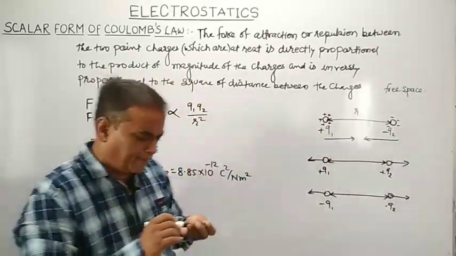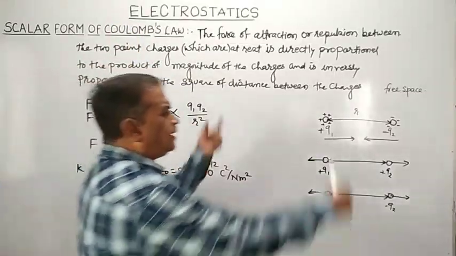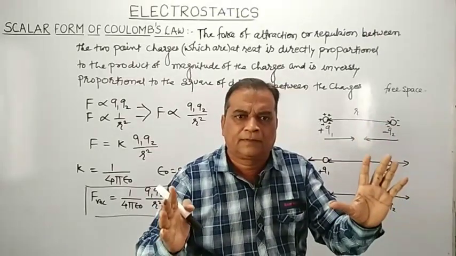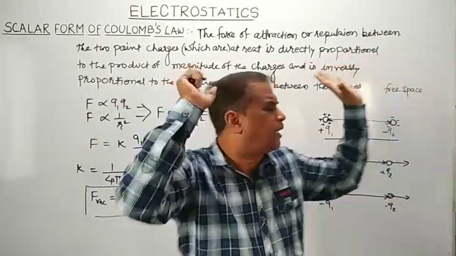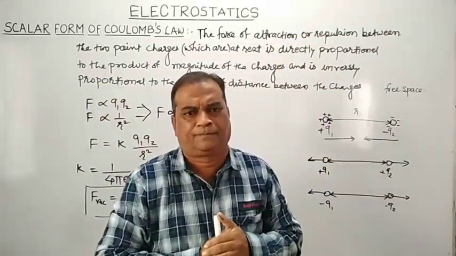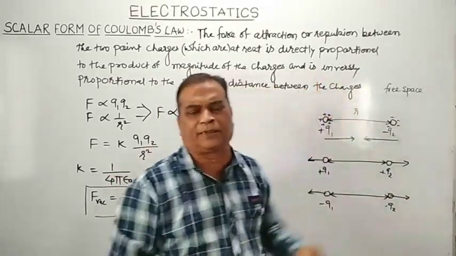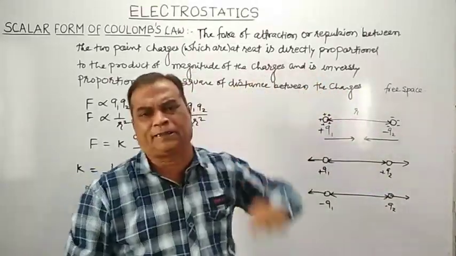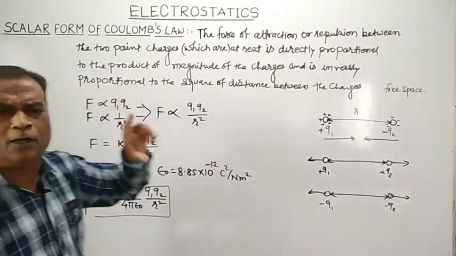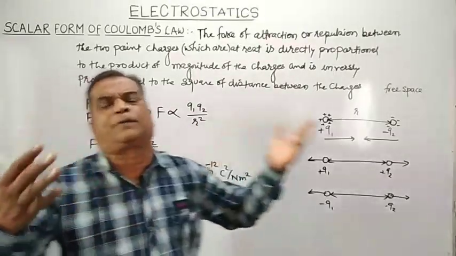So, remember, according to Coulomb's law, whenever two point charges at rest are kept at a finite distance apart in a vacuum or free space, the force of attraction or repulsion between them is directly proportional to the product of the magnitudes of the two charges and inversely proportional to the square of the distance between them.